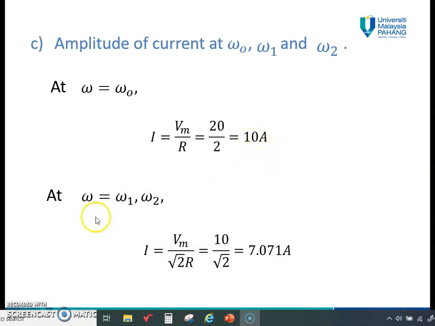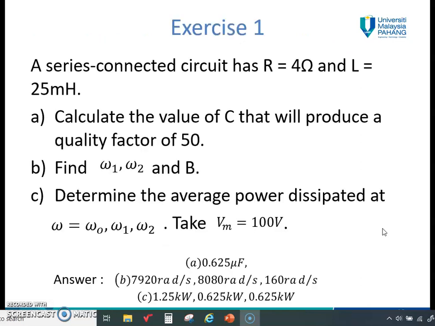At the half power frequencies, omega 1 and omega 2, I is equal to Vm divided by square root of 2 times R. So we get 7.071 ampere. This is one example of a series RLC circuit or series resonance circuit.